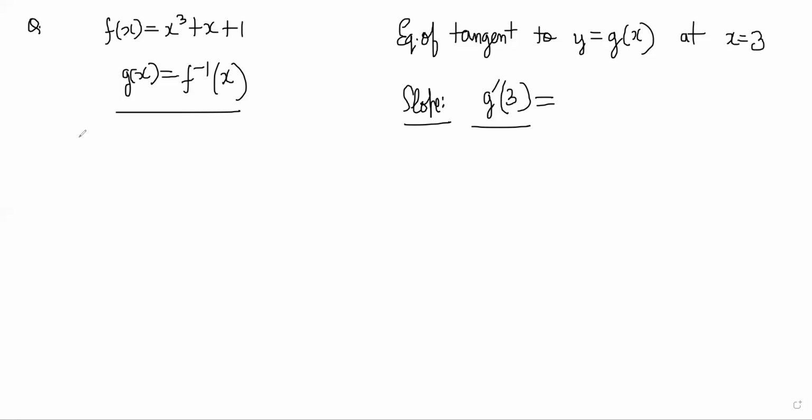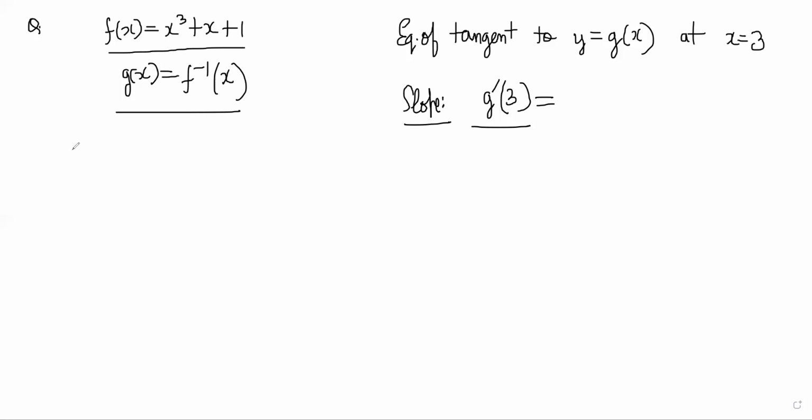Yeah, so x is f inverse x cubed plus f inverse x plus 1. Then you differentiate that. If you put f inverse x in f of x, in that equation, and then differentiate it, you'll get 1 is 3 times f inverse x squared into the derivative of f inverse x plus the derivative of f inverse x.